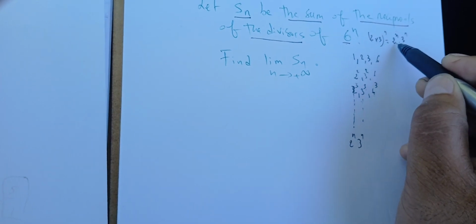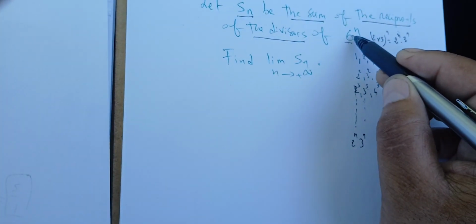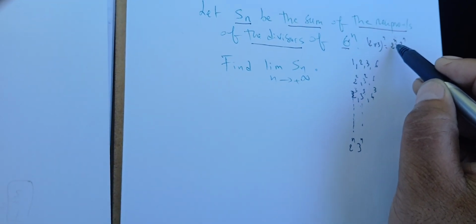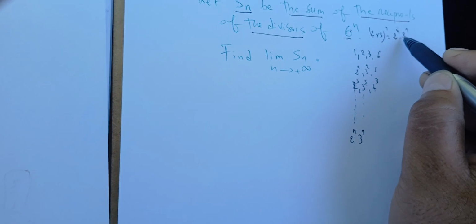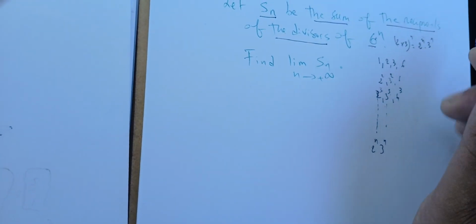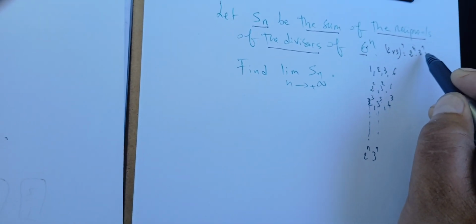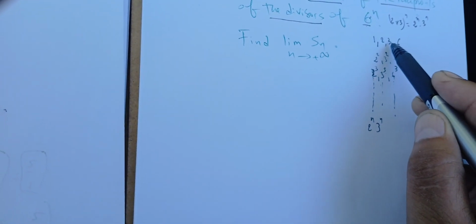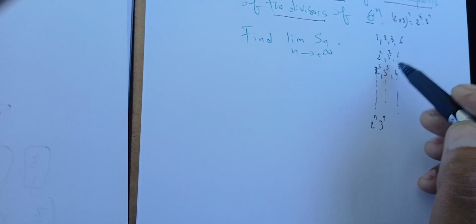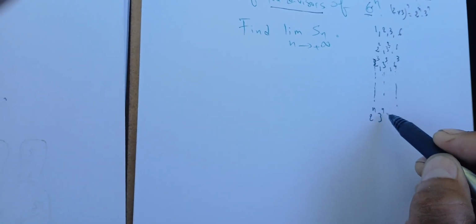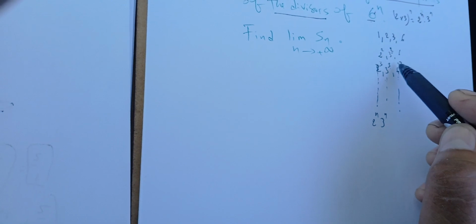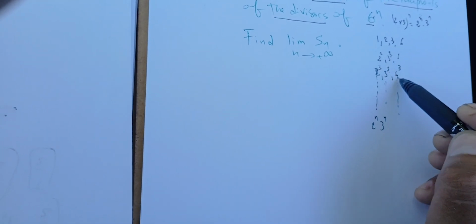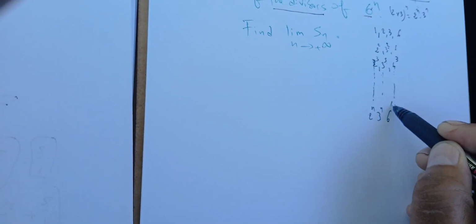And we can see that 2 to the power n divides 6 to the power n, and also any other number less than this. Also 3 to the power n, 3 to the power n minus 1, 3 to the power n minus 2. We see that we have these numbers, 3 to the power 2, 3 to the power 3, until 3 to the power n. Also, we have 6 divides 6, 6 to the power 2 divides 6 to the power n, and so on, until we get to 6 to the power n.